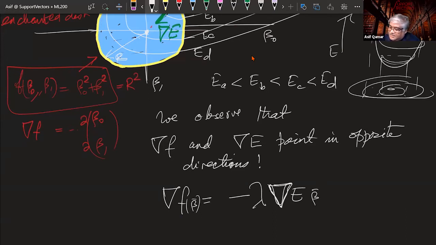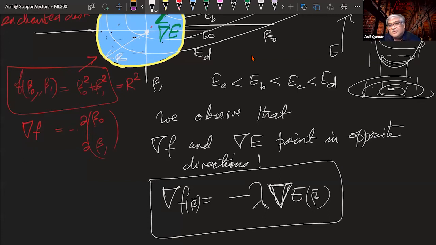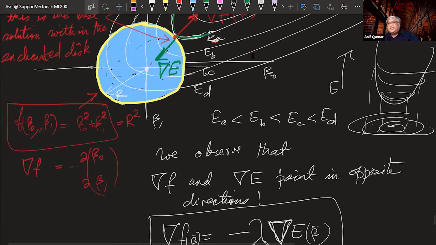The gradient of the constraint surface and the gradient of the error function point opposite to each other. Then there must be, up to a negative sign and a proportionality constant, this equation. This is how you write two vectors which point in opposite directions. That's right. It turns out that what I just showed you is not just true of error functions.